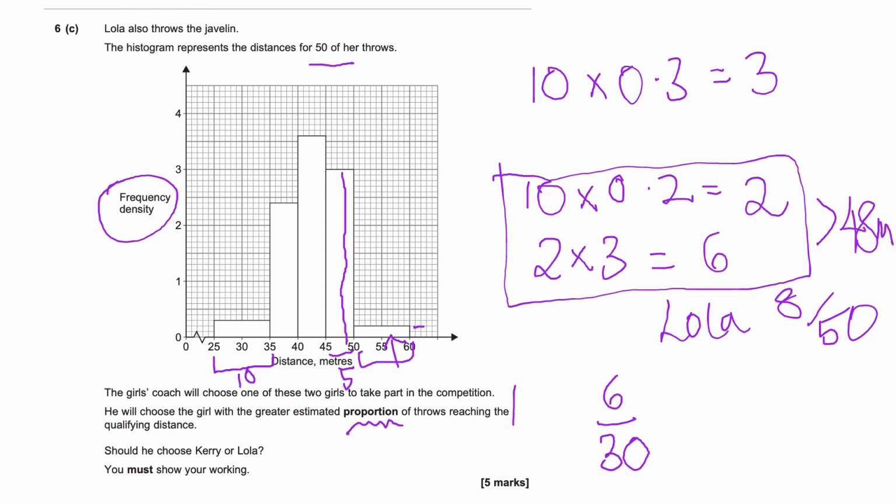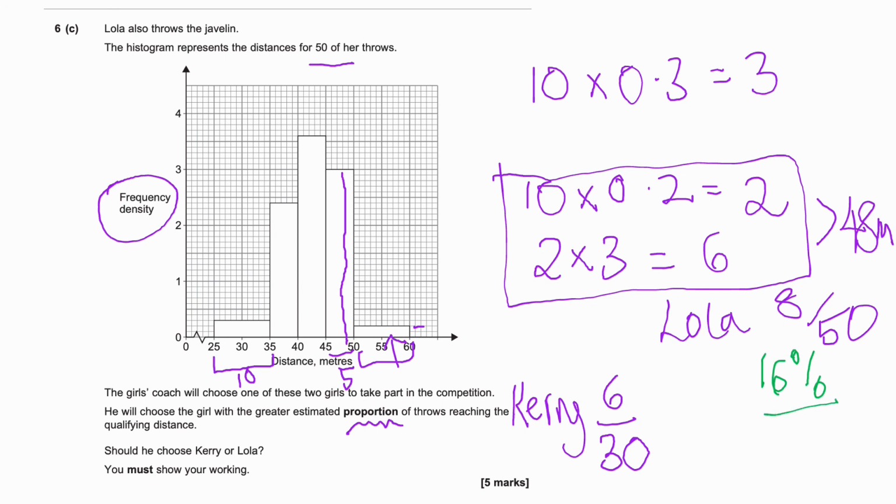Whereas Kerry, we worked out from before, got 6 out of 30. So we need to work out which is the greater proportion. There are different ways we could do it. I would be tempted just to do it on my calculator. Lola's, I can see straight away, is 16%, because if I double that, it will give me out of 100.